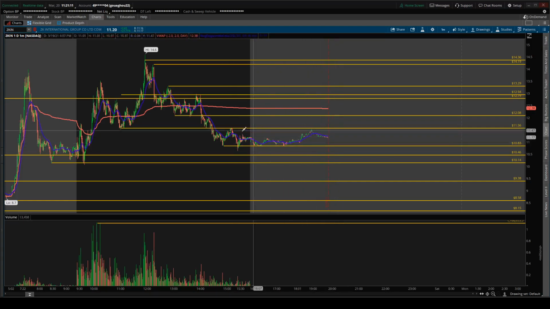So the stock is trading in the middle of the range now. So for me, there is no advantage. There is no edge here. This can just keep consolidating.